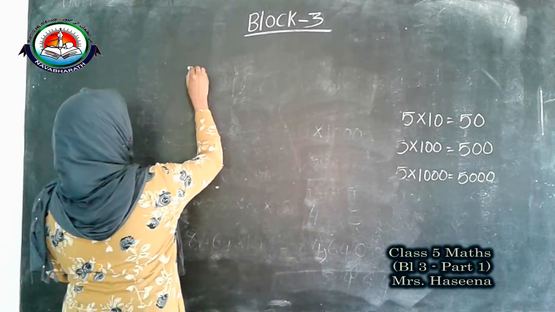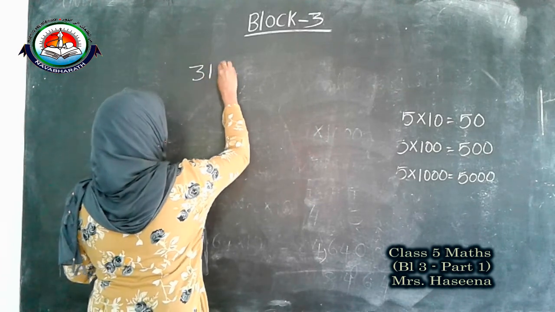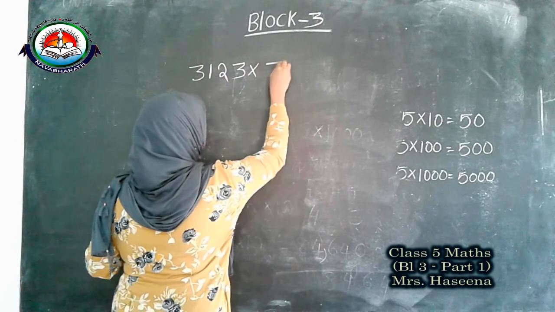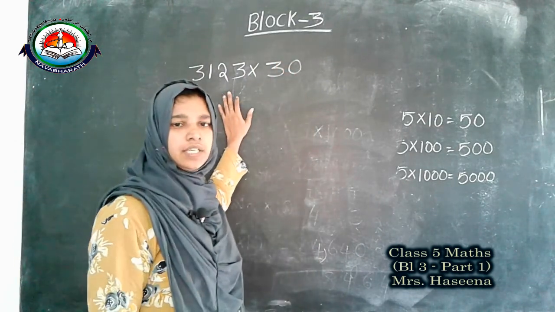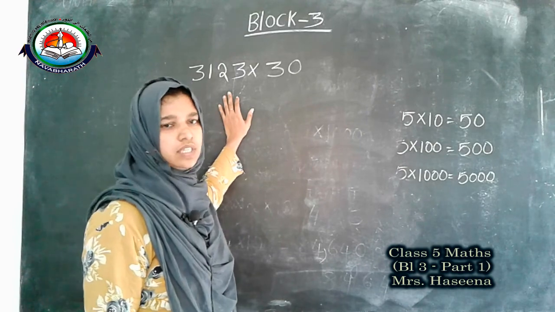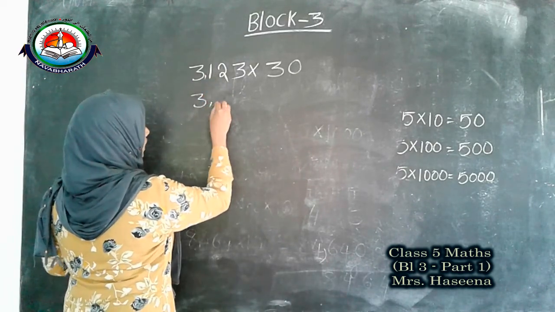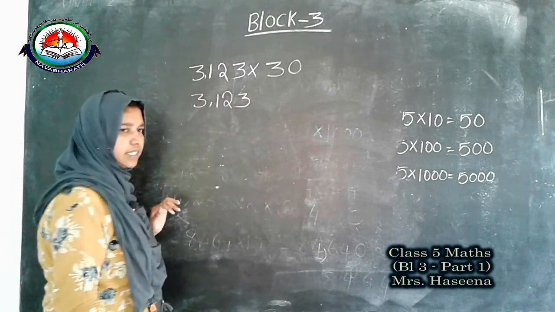Another question. 3123 into 30. Then what do we want to do first? First we write this number, 3123.